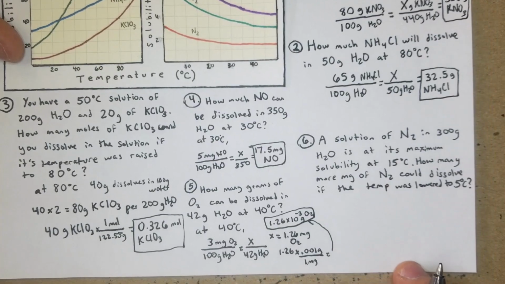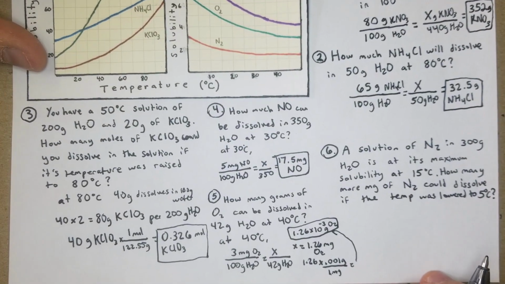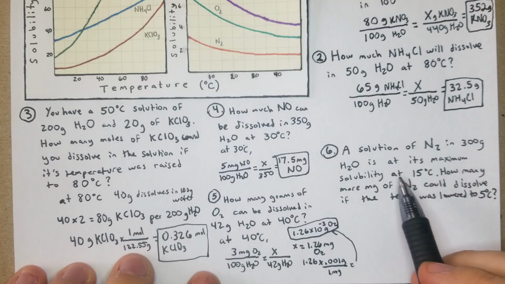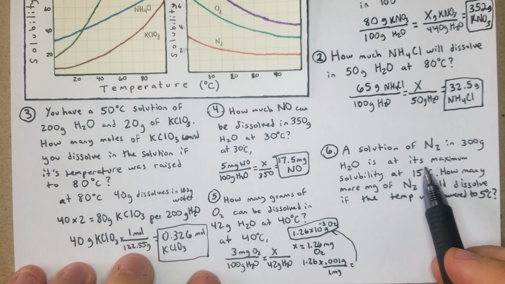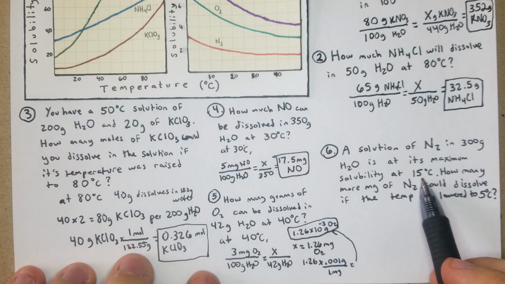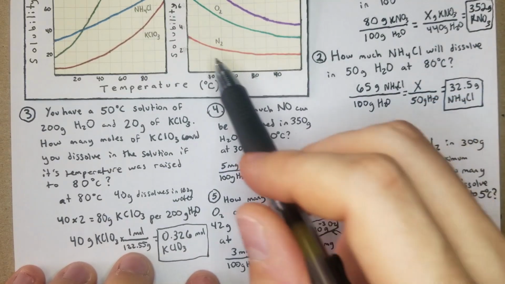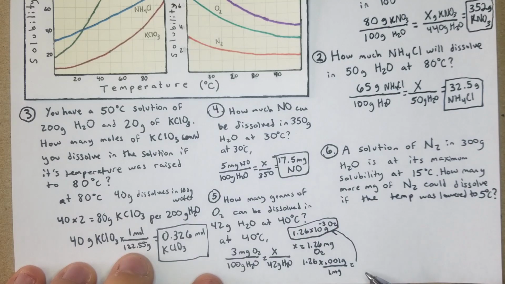So now we're on to the last problem here, number 6. A solution of N2 in 300 grams of water is at its maximum solubility at 15 degrees Celsius. In other words, it's where it is on the line. We're going to get into that in the next video, but it's saturated, at its maximum solubility.